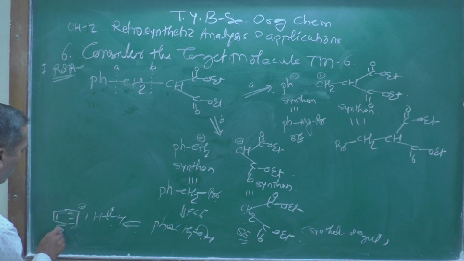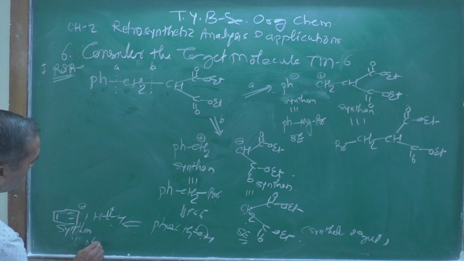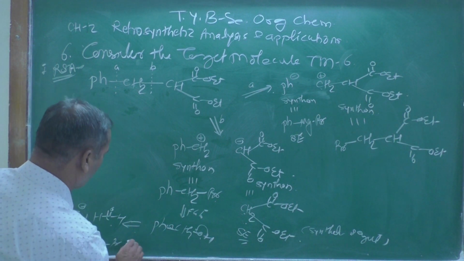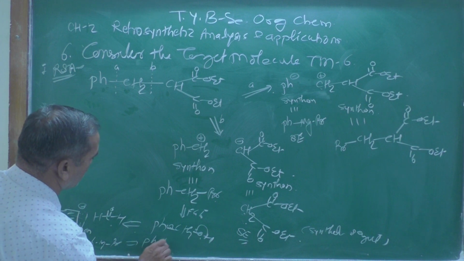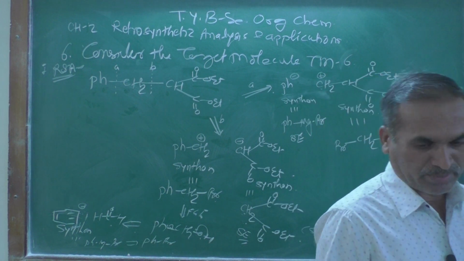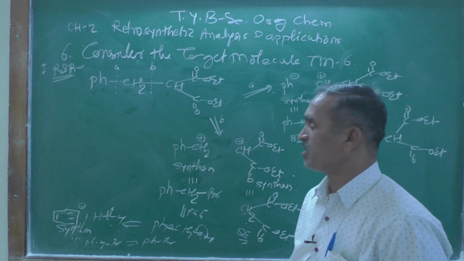This is a synthon, not the carbanion. Let me correct that. A synthon must have a synthetic equivalent. What is that? PhMgBr, which is again obtained from PhBr. So in this way we can synthesize this molecule.